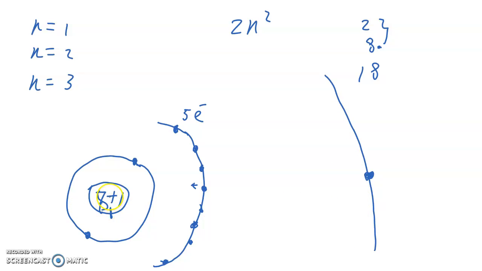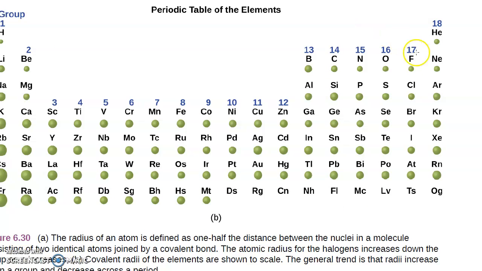Within the same principal energy level, adding an electron makes the atom smaller. But if you go to a new shell, n equals 3, suddenly the radius is much bigger. That's why going down the periodic table, the radius of the atom gets bigger and bigger, because we have an extra shell, an extra principal energy level, an extra layer.